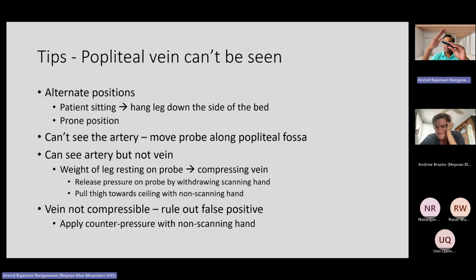As you are applying the posterior-anterior pressure, the leg itself, particularly in thin individuals, might actually get displaced towards the sky. So as you're pushing up, the whole foot, the whole lower limb might be getting pushed by your pressure. So you might actually need to apply counter pressure on the shin, on the knee or the tibial tuberosity with your non-scanning hand, so that all the pressure that you are applying with your scanning hand with the transducer is transmitted 100% to the vein.